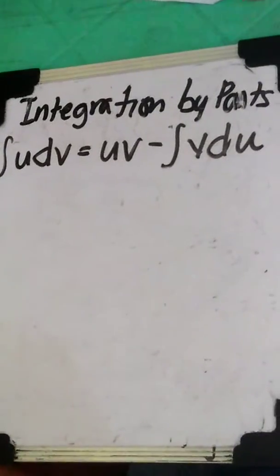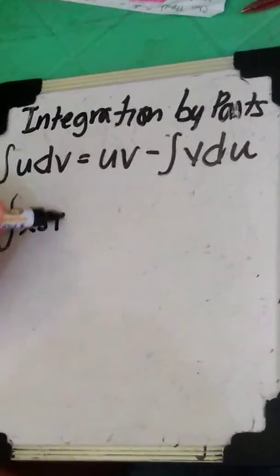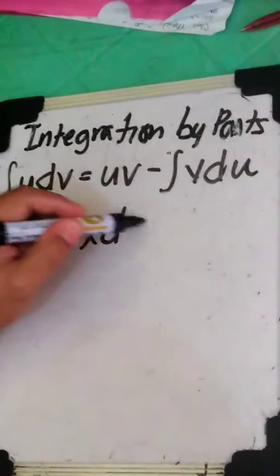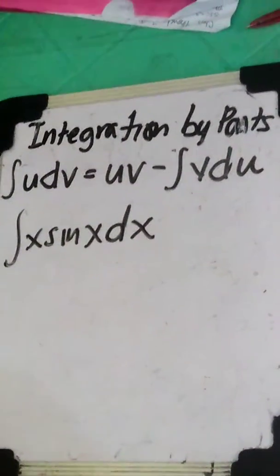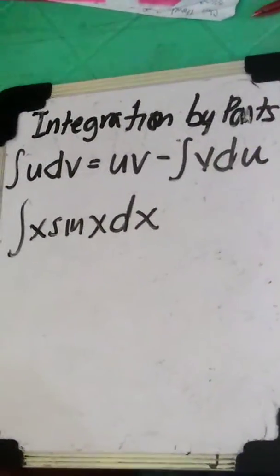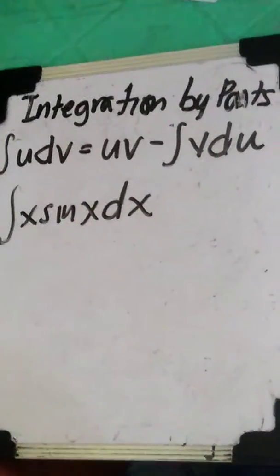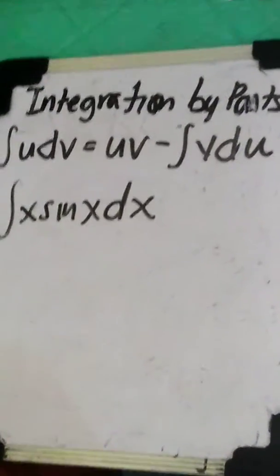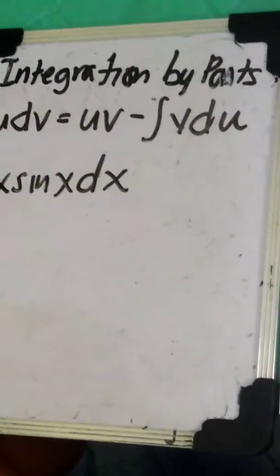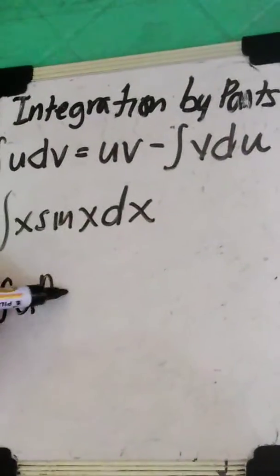I will discuss with you the topic integration by parts. Let us consider first the integral of x sine x dx. If we try to apply the previous knowledge that we have discussed before, let's say we evaluate using the integral of u raised to n du.